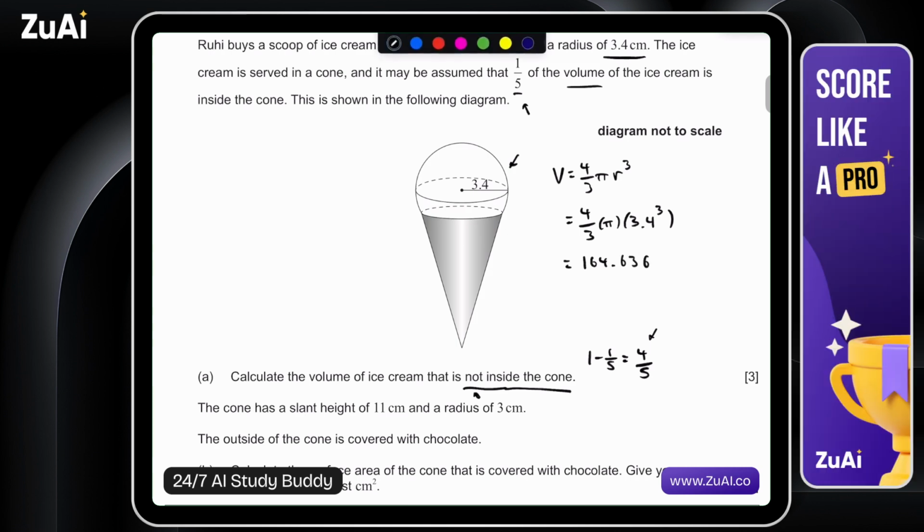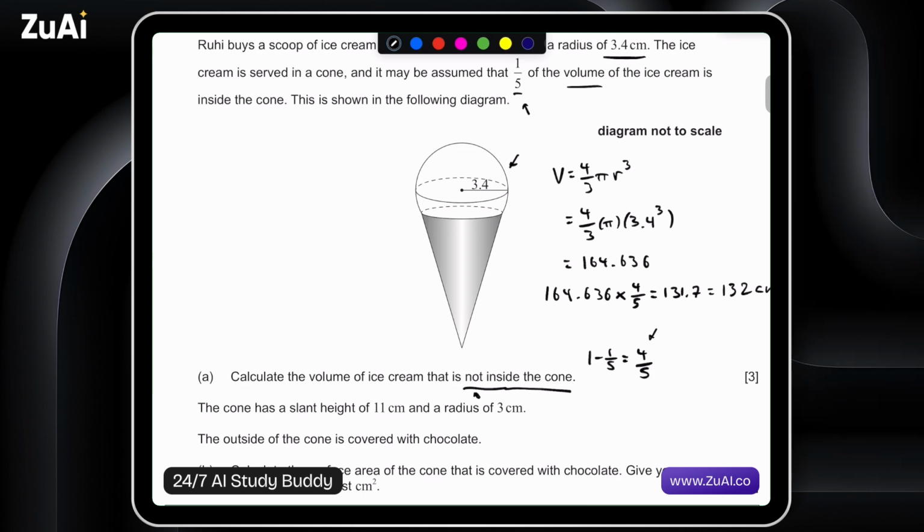We wanted to take 164.636 and multiply it by 4/5, which gave us a value of 131.7, or to 3 sig figs, 132 cubic centimeters. Alright, so not too bad of a question.